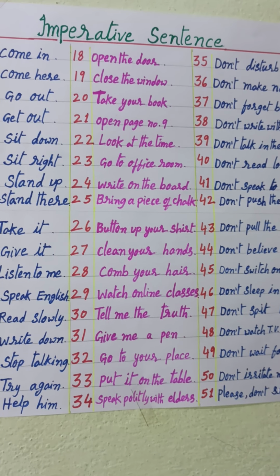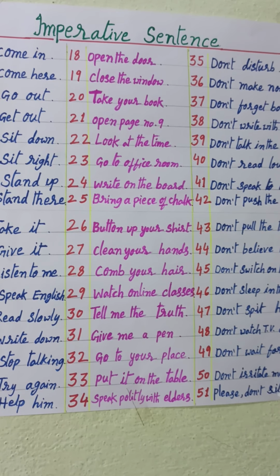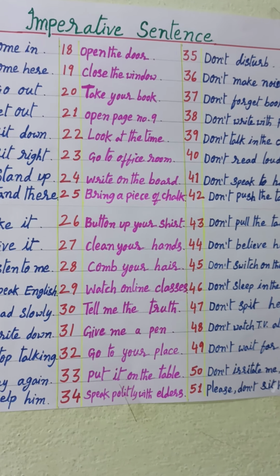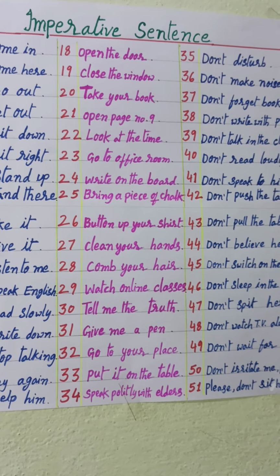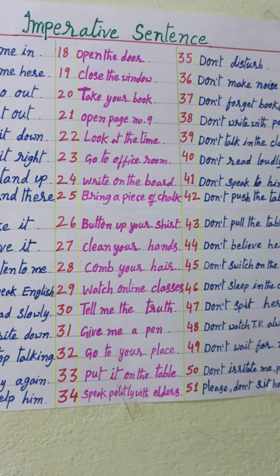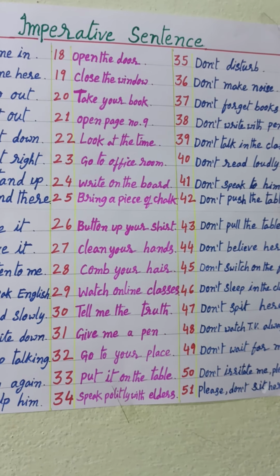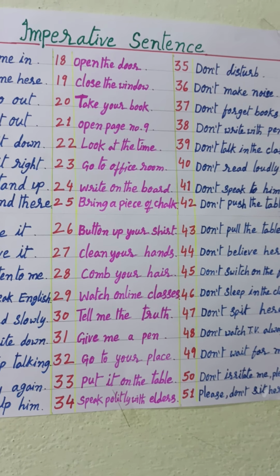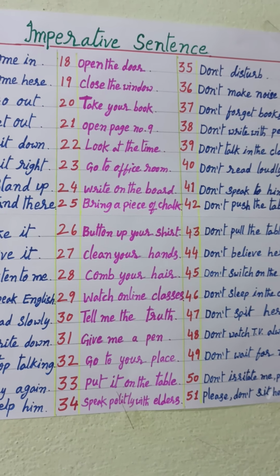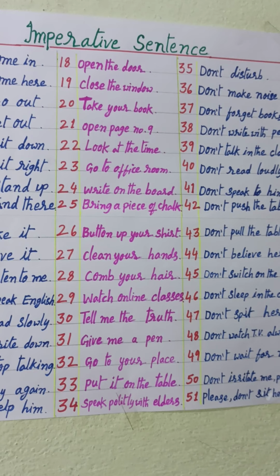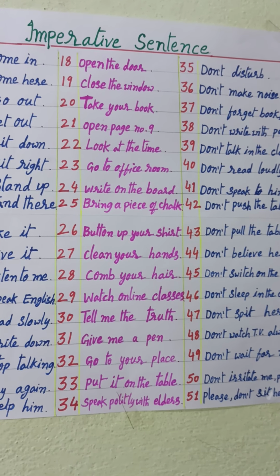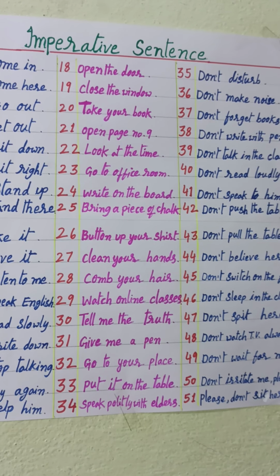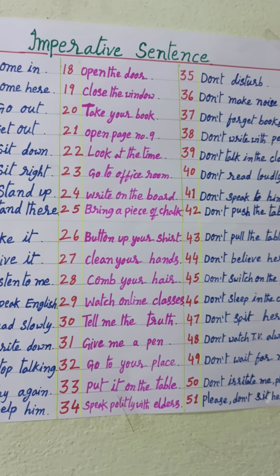From 35 to 51 are negative imperative sentences. Don't disturb. These also we will write 3 other types.